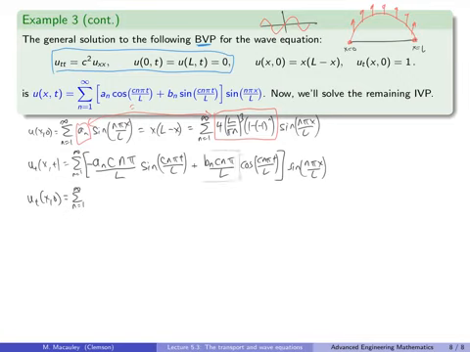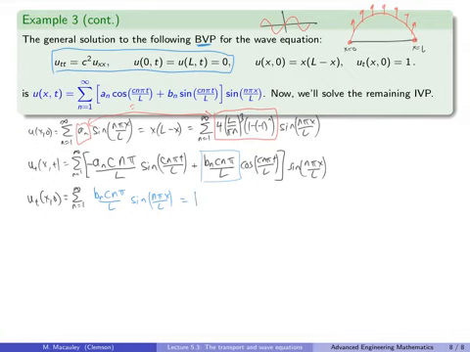So this is bn cn pi over L, and then we have a sine of n pi x over L. And we have to set this equal to what? To 1.